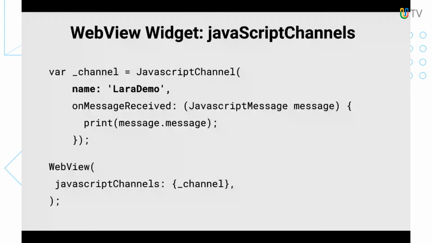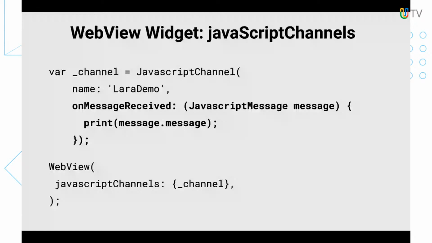And then the second property is onMessageReceived. This is a callback that will receive the JavaScript message. The JavaScript message at this moment can only be a string. And for this example, I'm just printing it.